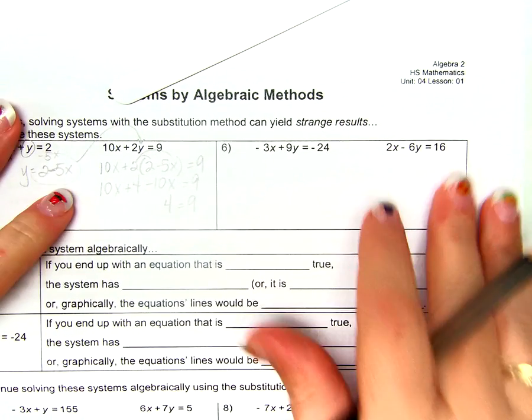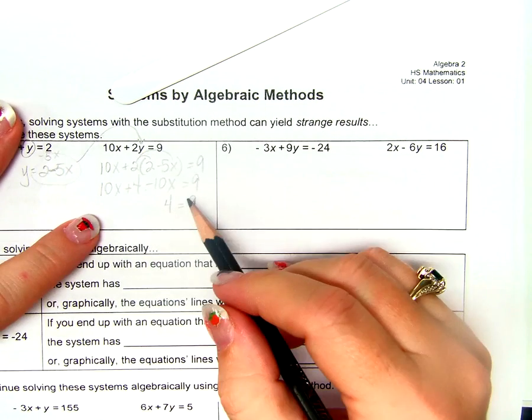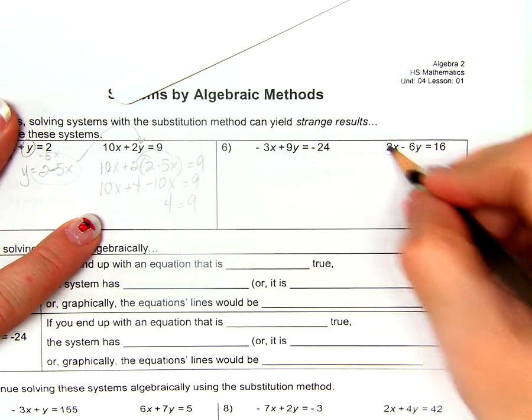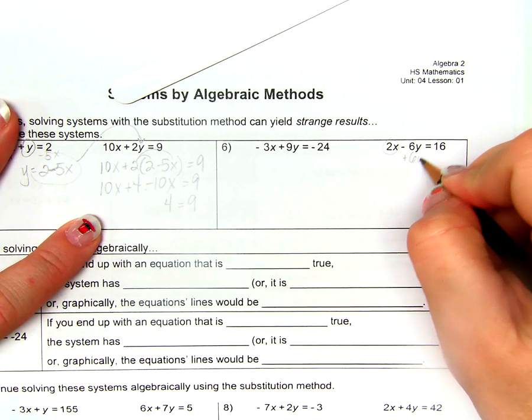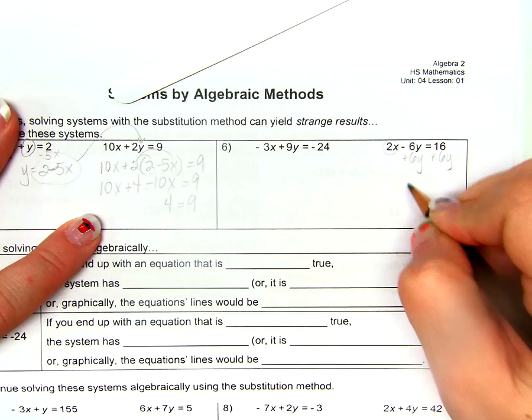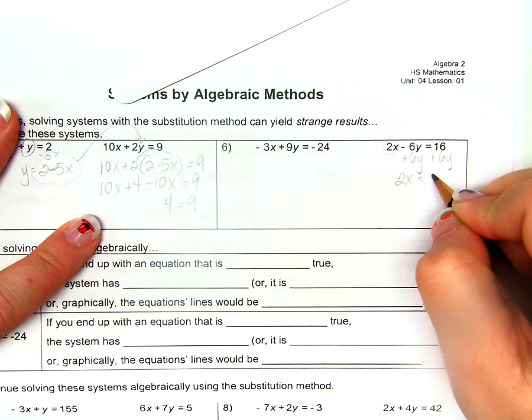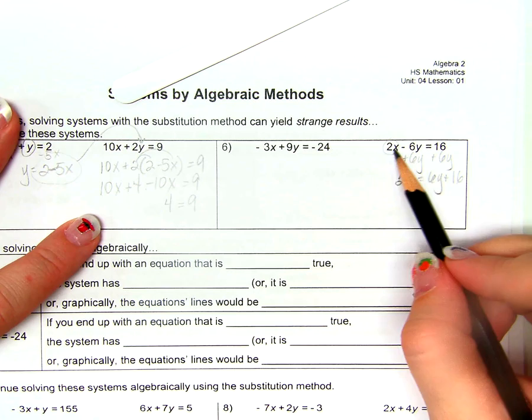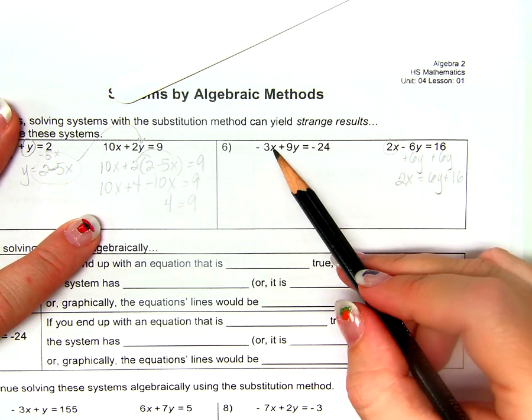Look at number 6. Which one's the runt? Probably the 2x, right? Or right here. So let's add 6y to both sides. Hey, let me make something real clear to you guys. When I say find the runt, and some of you said 2x, did anybody say negative 3y?